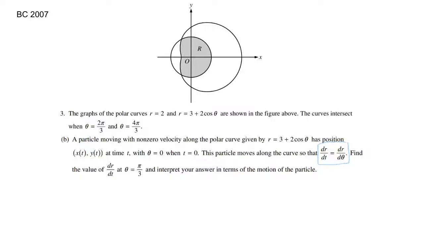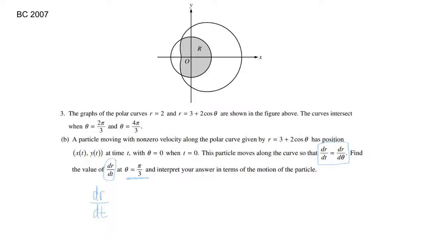Find the value of dr/dt at theta equals pi over 3. So again, these are calculator problems, and so I would not write down a tremendous amount here.